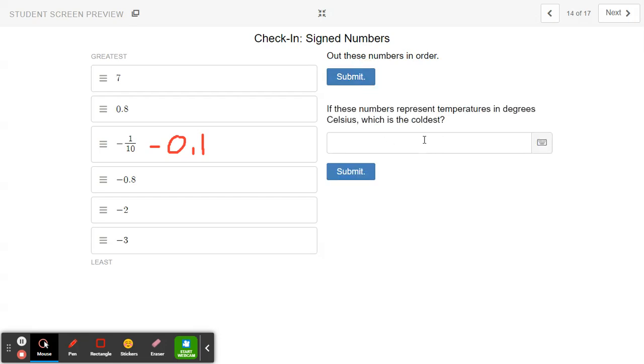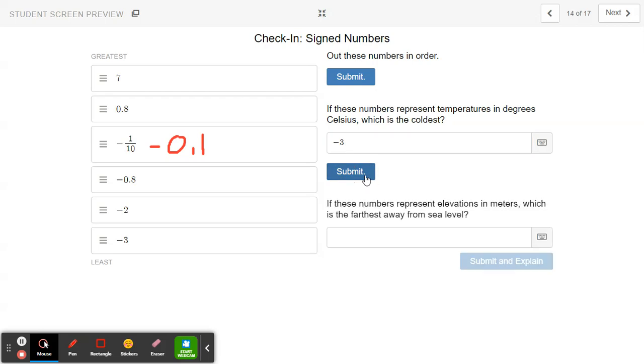Okay, which one's the coldest if this was degrees? Well, -3 is the coldest because that's the lowest number, even though 3 is a big number. Okay, if these were elevations, elevation is simply height, like our animals. Which one's the furthest away from sea level?